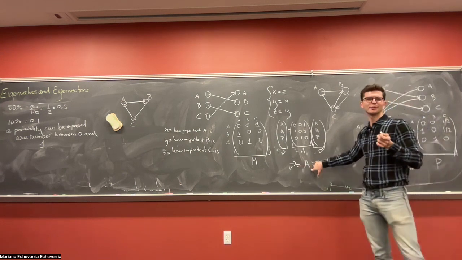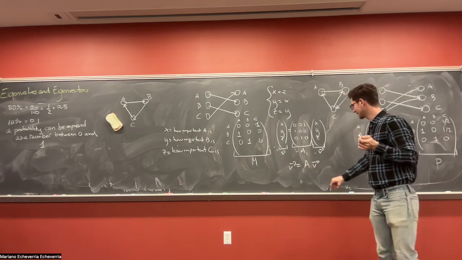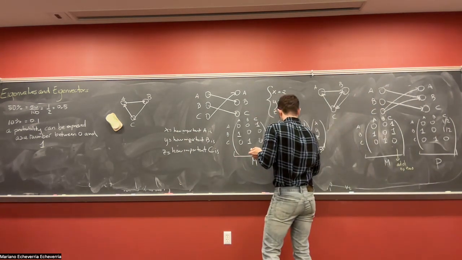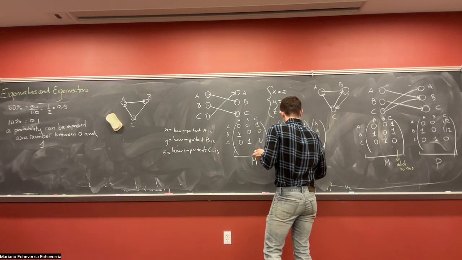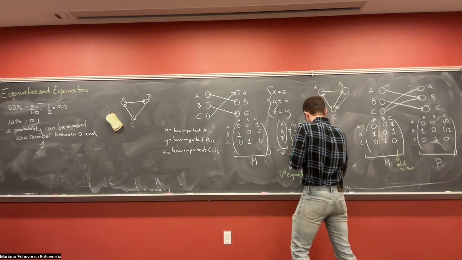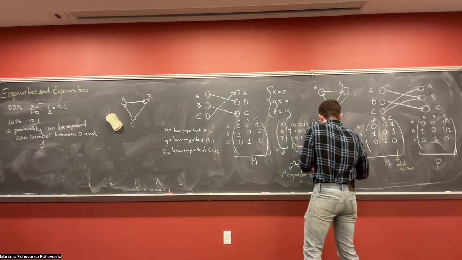It's an eigenvector for this matrix, where the eigenvalue is just 1. So it's just saying that V has to be an eigenvector of A with eigenvalue 1.